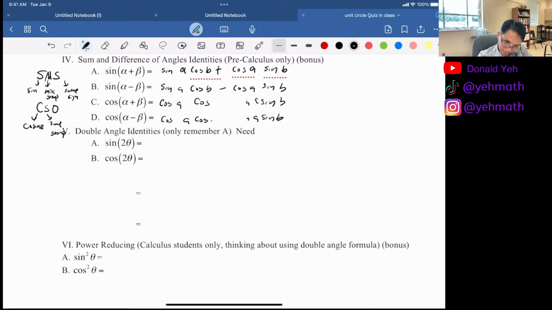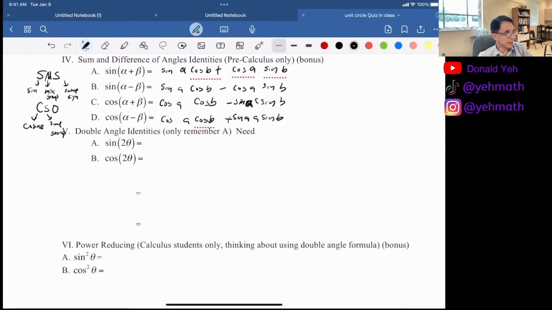So this is B, B is negative, and this is sine A, sine B. So that is the sum and difference.